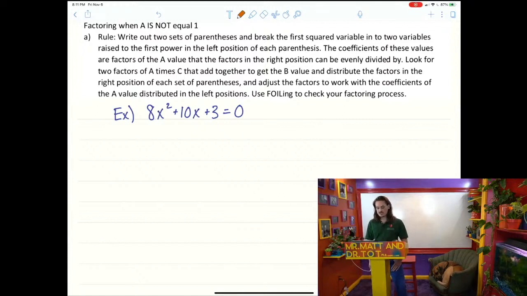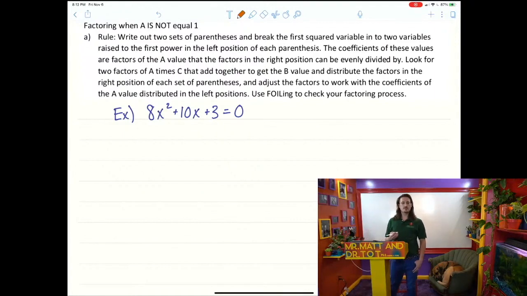Look for two factors of a times c that add together to get the b value, and distribute the factors in the right position of each set of parentheses, and adjust the factors to work with the coefficients of the a value distributed in the left positions. Use foiling to check your factoring process.